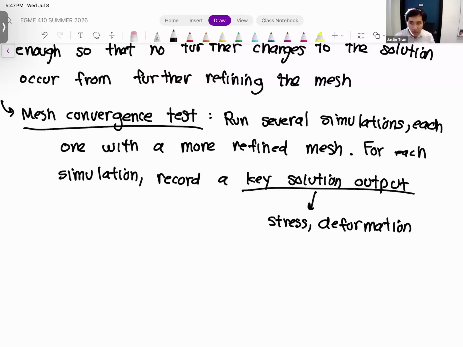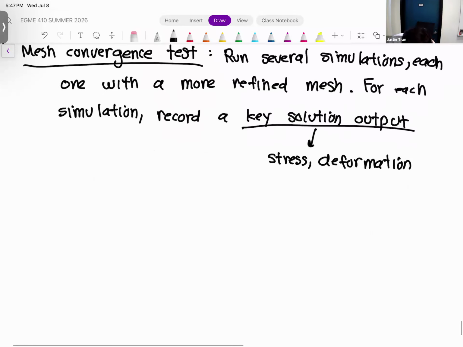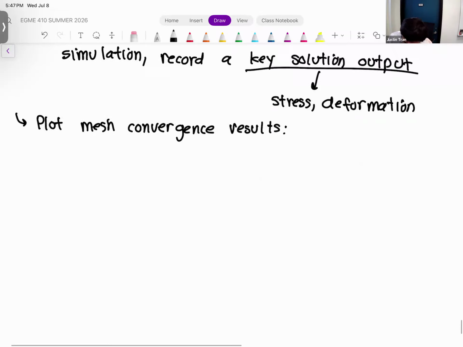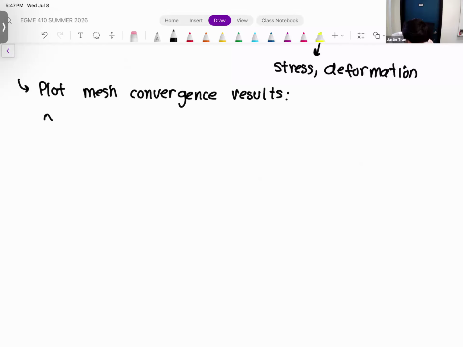After you run all of these simulations and record the key solution output, you're going to put all of them onto a single plot called your mesh convergence plot. Usually it's a scatter plot that looks like the following.